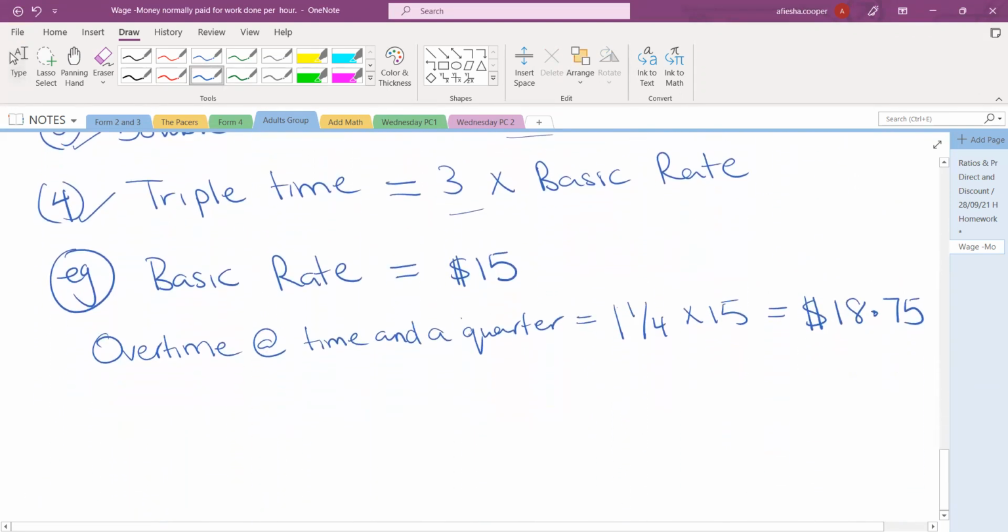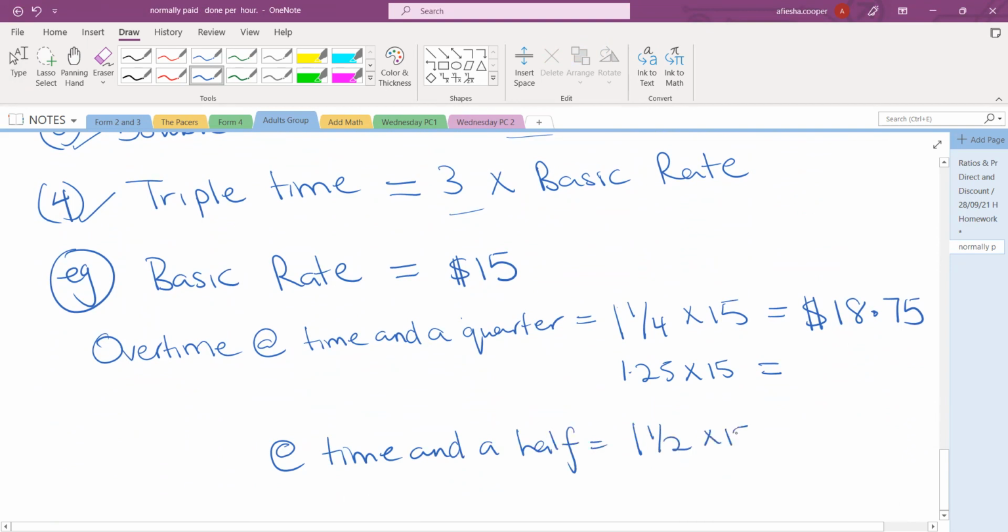So if I have a basic rate of $15, my overtime at time and a quarter will be 1.25 multiplied by 15. Overtime at time and a half will be 1.5 multiplied by 15, which should give us about $22.50.